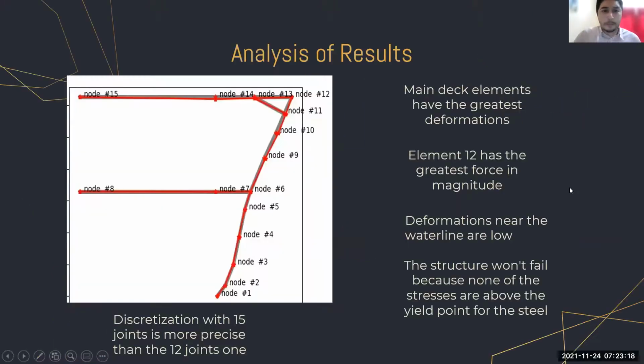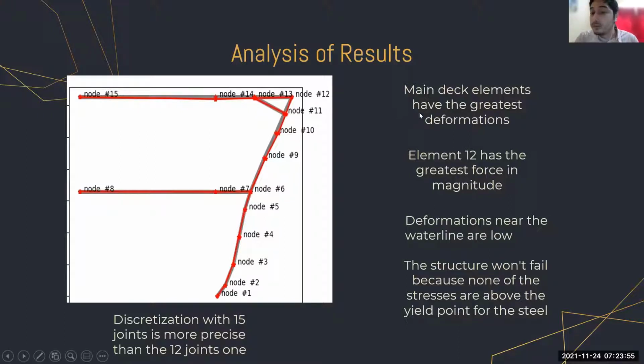On analysis of results, we chose the structure with the 15 discretization because it has more precision for calculus. As we can see on the main deck, the element has the greatest deformation, which we can see on node 14. That is 6.2 centimeters of displacement at that point.